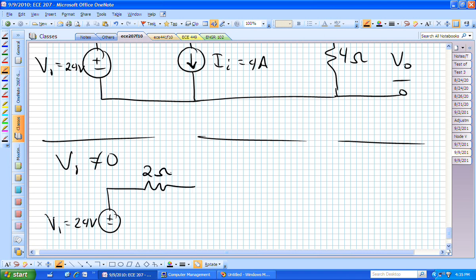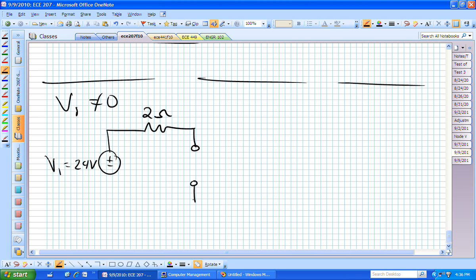There's 2 ohms. What happens to this current source? We've zeroed it out. What does that mean? We need to just open circuit that. So now the current source is zeroed out. There's no current flowing down through that branch.